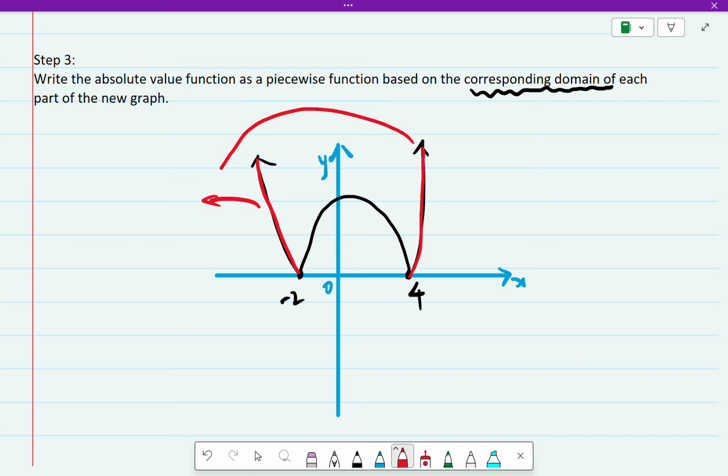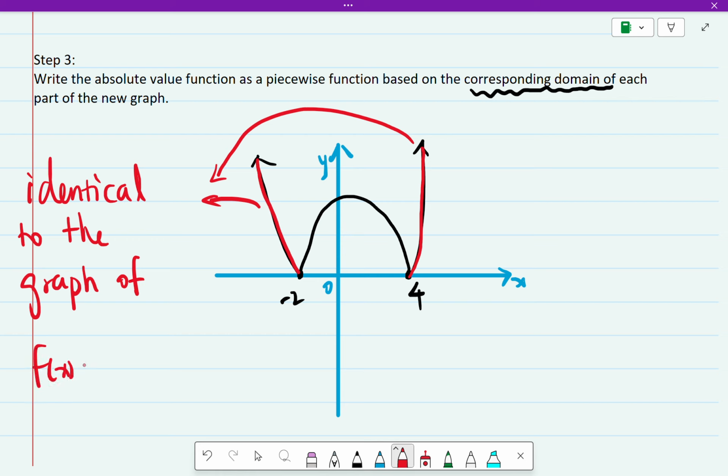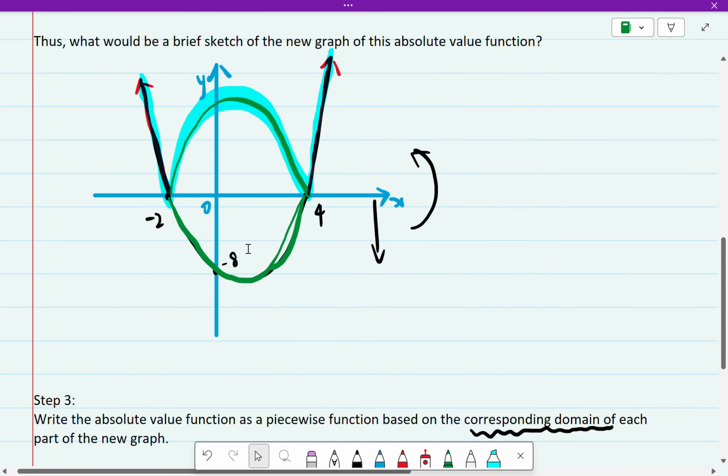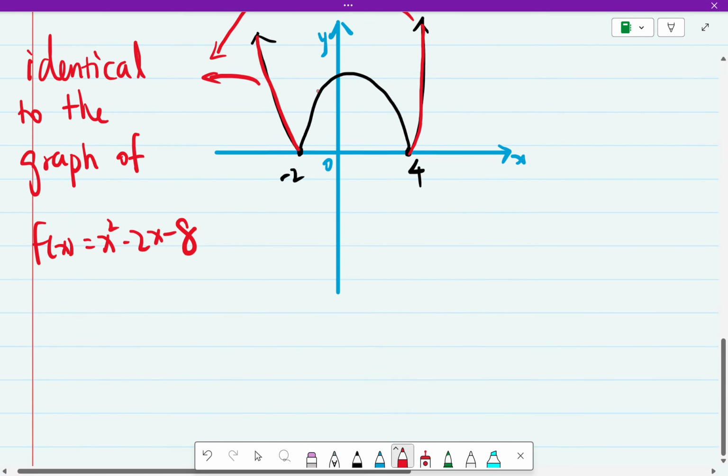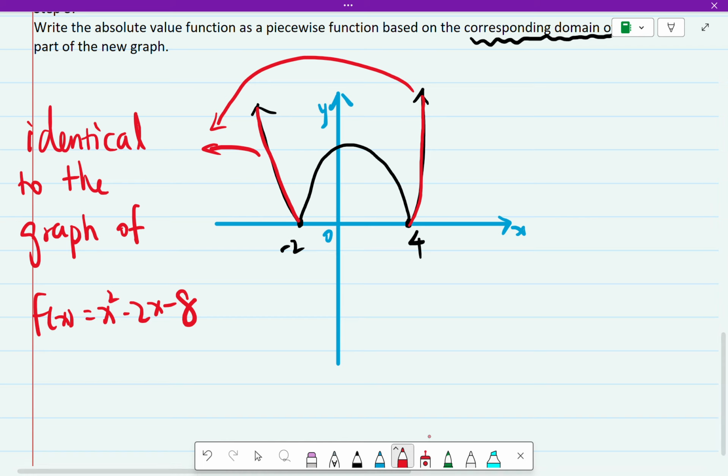So these two parts are actually identical to the graph of f of x equal to x squared minus 2x minus 8, because these two parts exist not only in the graph of the newly drawn absolute value function, but also in the original quadratic function. But what about the reflected part?